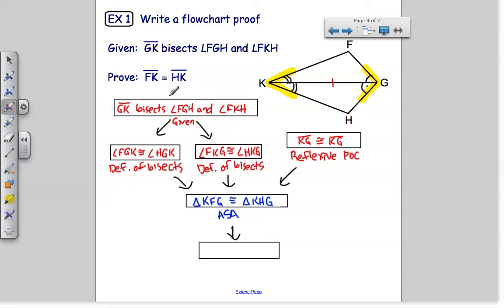So yes, FK and HK would have to be congruent because they are corresponding parts in congruent triangles. CPCTC. So you realize it's really only going one step further than what we did in the previous day or two, proving that the triangles are congruent.